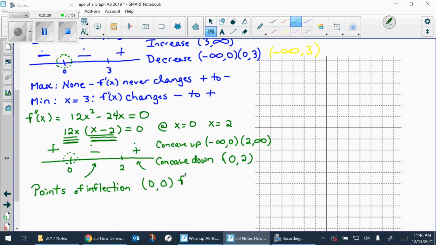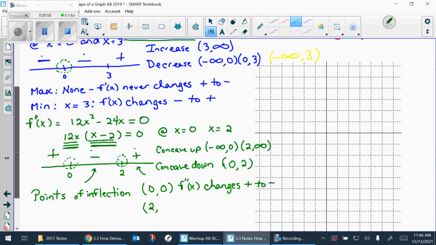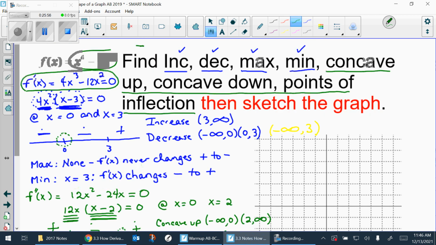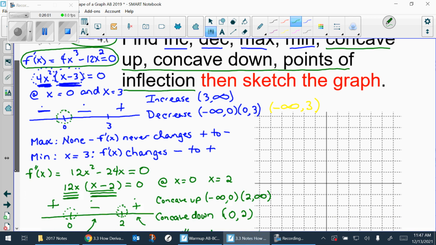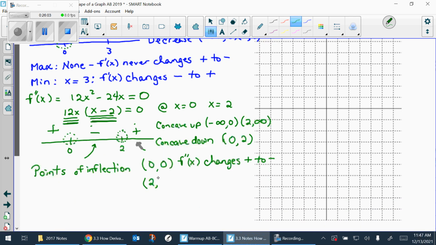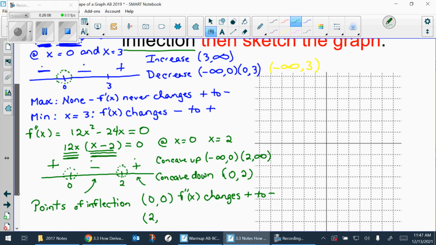I'd say because the second derivative, f double prime, changes, and I have to be specific, positive to negative. And it looks like another change in concavity happens, another point of inflection happens when x is 2. Now, when I put a 2 in this original function, I think I get 16 minus 32. I think I get negative 16. So if I'm asked for the point, I'm going to give a point.